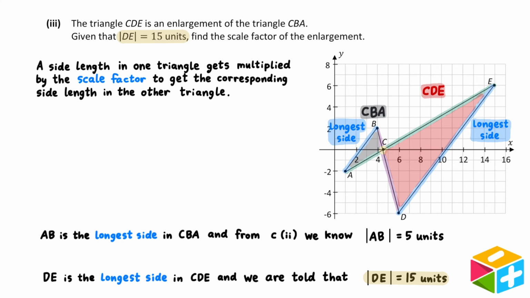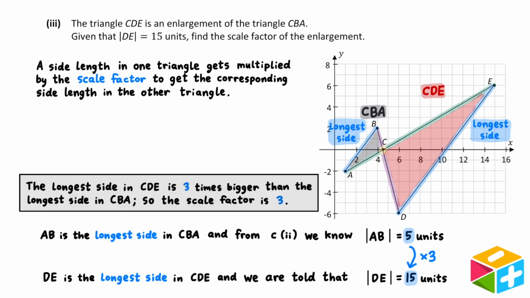And we are told in the question that this side has a length of 15 units. So, if we compare the longest side in each triangle, we see that the side in CDE is 3 times larger. This means that our scale factor is 3. To summarise, the longest side in CDE is 3 times bigger than the longest side in CBA. So the scale factor is 3.